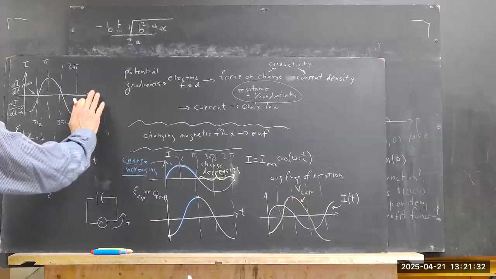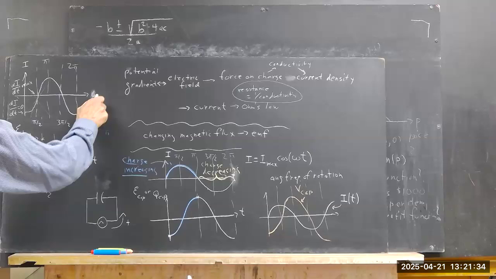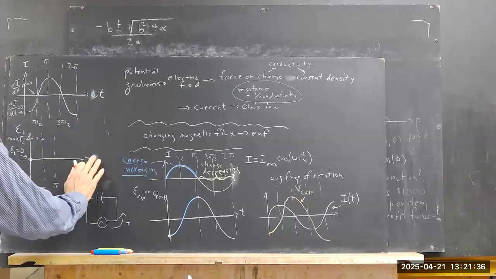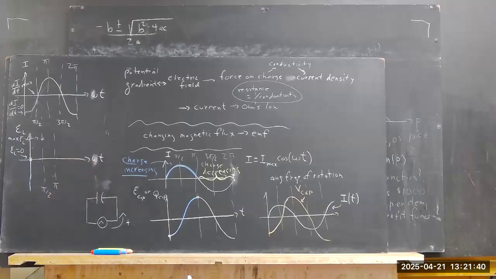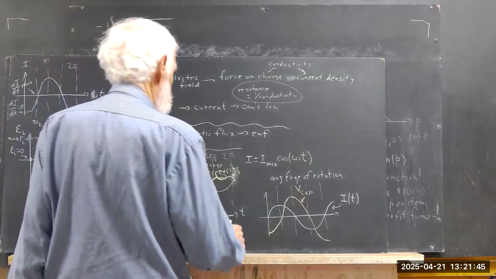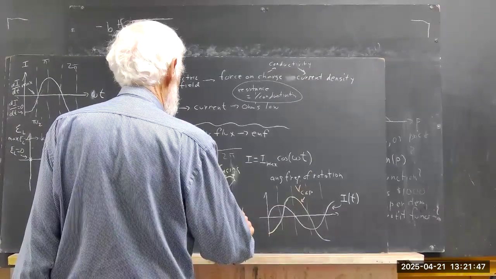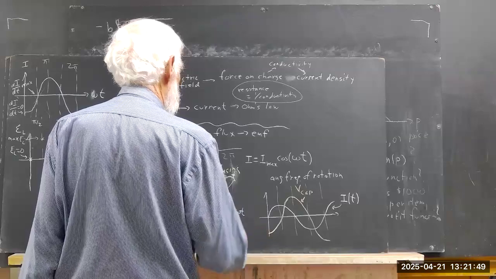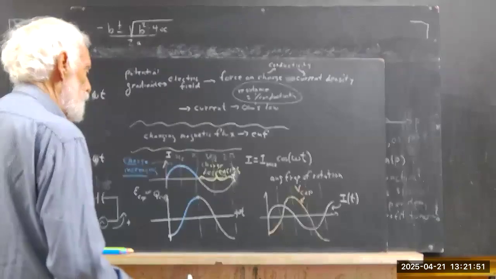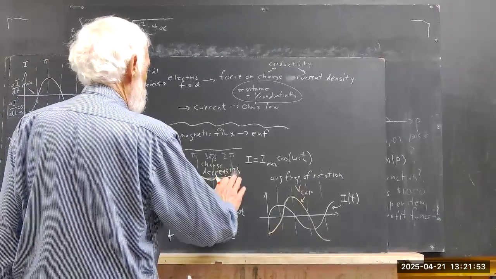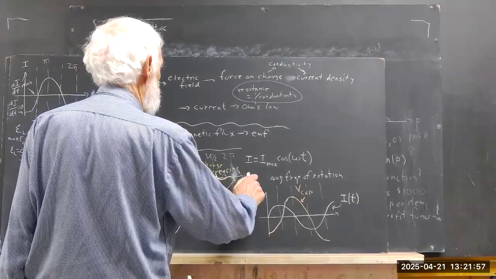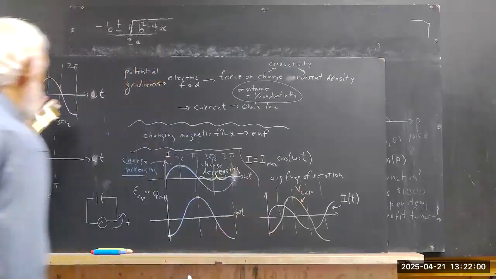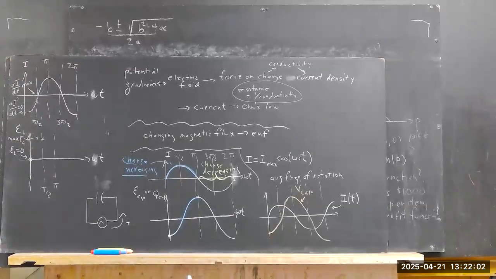Let's label this axis omega t. It's actually a good idea, because then the 2 pi makes sense and so forth.